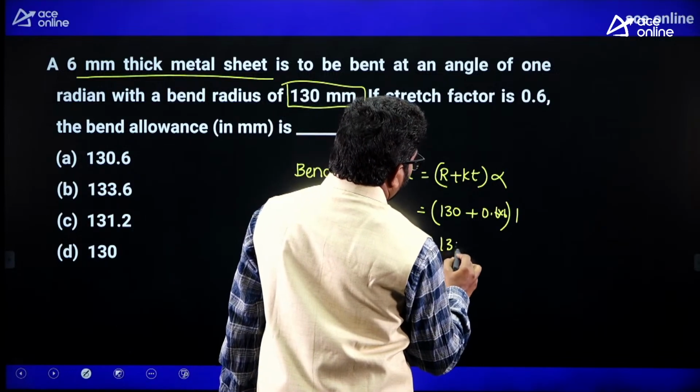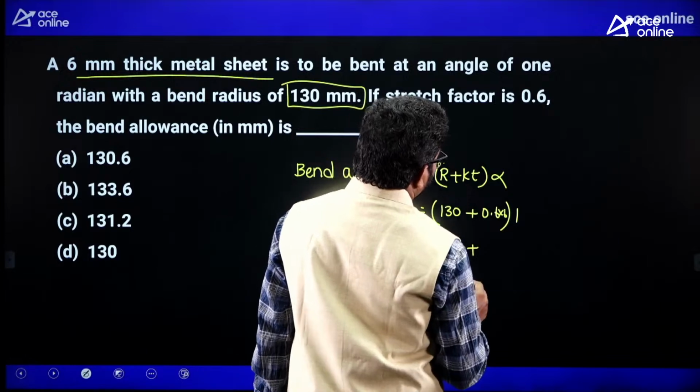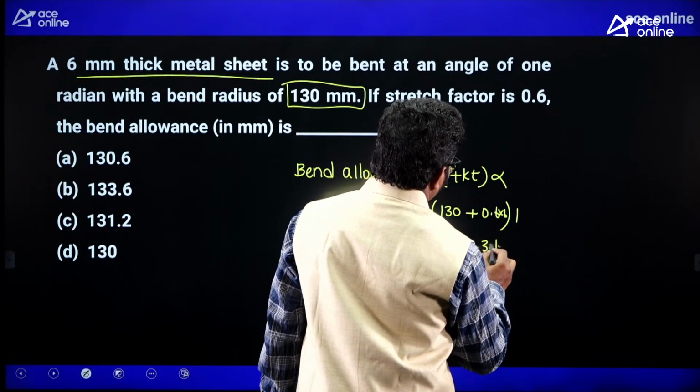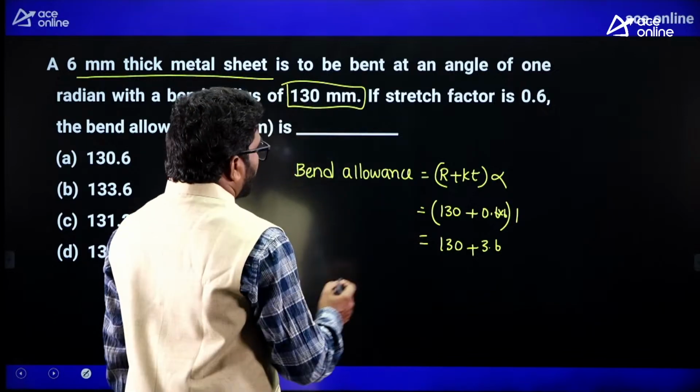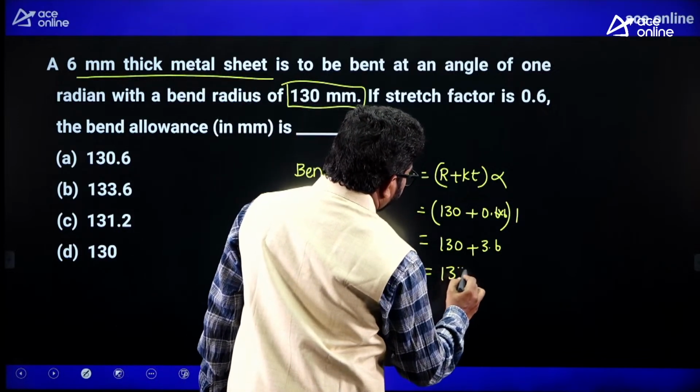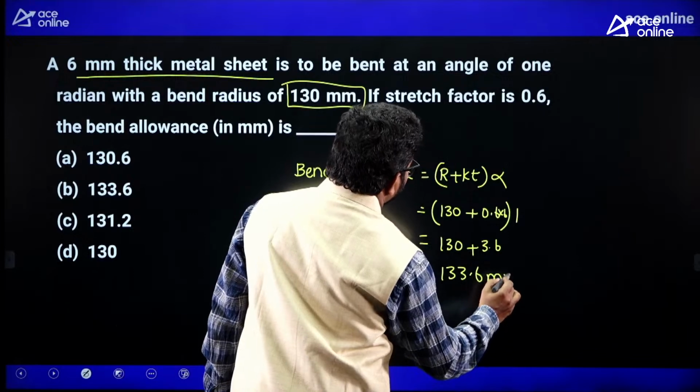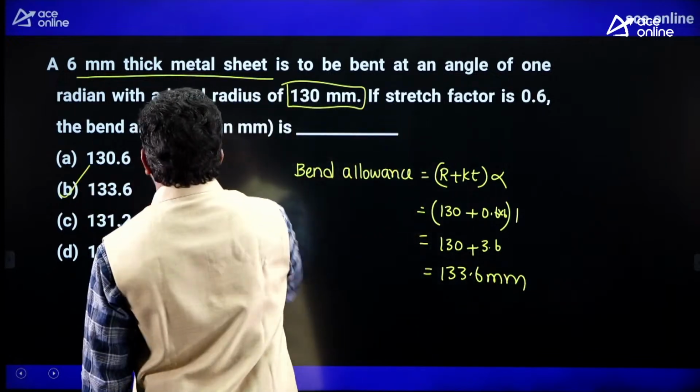So 130 plus 0.6 into 6, that is 3.6, you will get 133.6 mm as the answer. So B is the correct answer for this question.